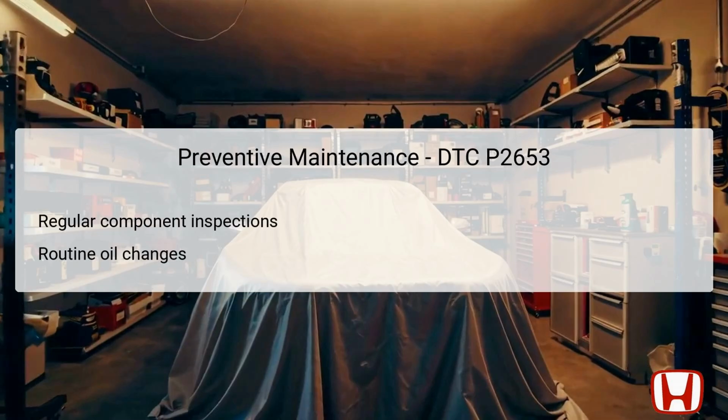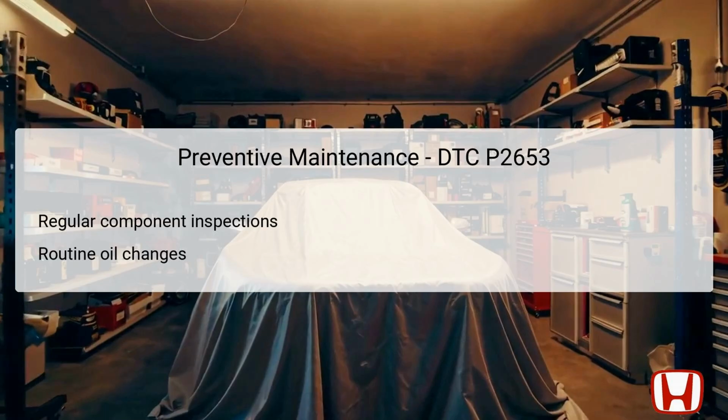Preventive maintenance plays a vital role in ensuring the longevity and efficiency of the rocker arm oil control solenoid system. Regular inspections of the rocker arm oil control solenoid and related components can help catch any issues before they develop into major faults.